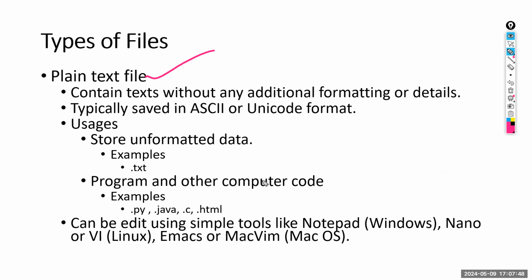So then you can have different files that can be opened by different programs. These are some popular plain text file editors: Notepad in Windows, Nano and Vi in Linux, Emacs, MacVim from macOS.